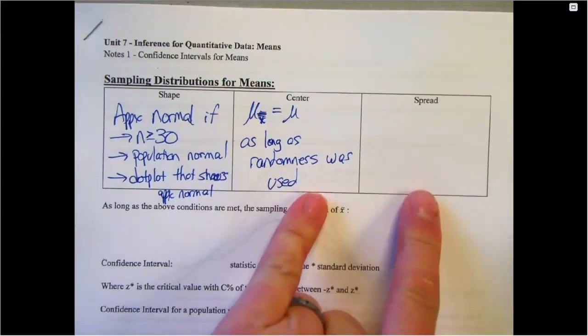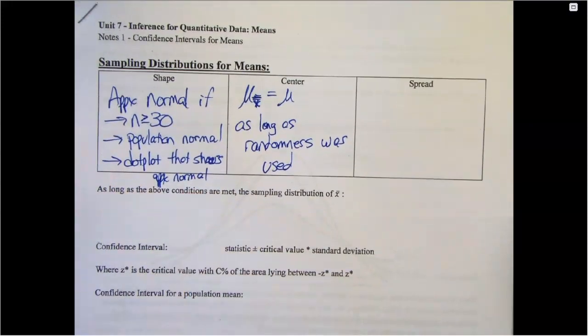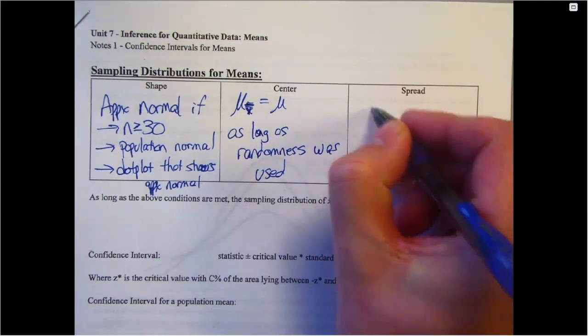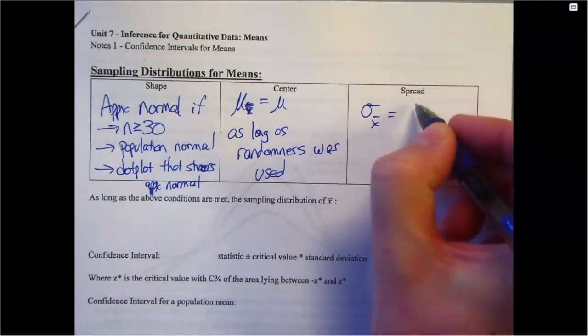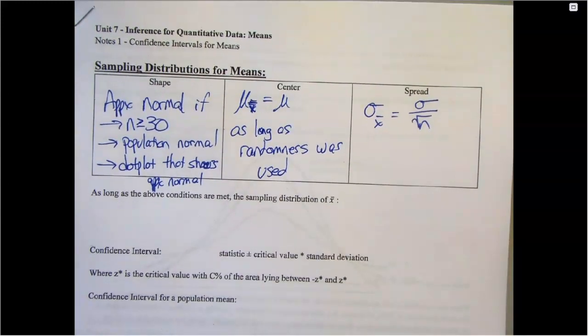So these two are the same with means and proportions. It's this one that changes. So for the spread, standard deviation is going to be the population standard deviation divided by the square root of n.